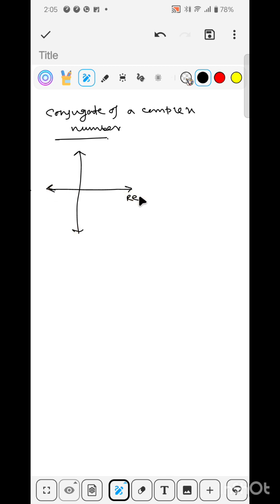This is the real axis, it is the imaginary axis, minus real axis, and it is minus imaginary axis, and it is the origin.